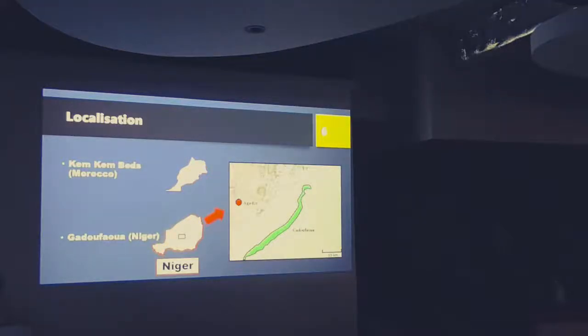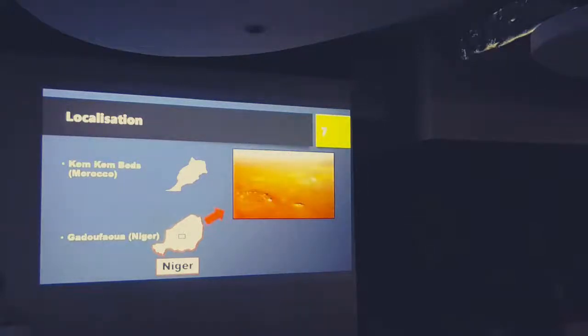At Gadoufaoua in Niger, the context is a bit different. The fossil deposit is really huge, several hundred kilometers, and it's located at the center of Niger. The landscape is also different because it's completely flat in this area, since everything is eroded by aeolian erosion.